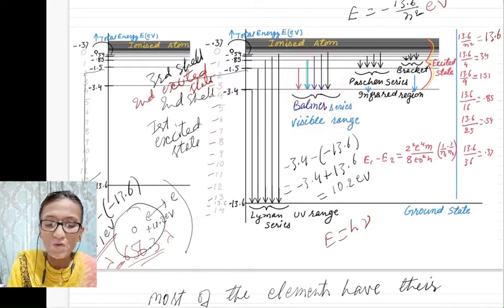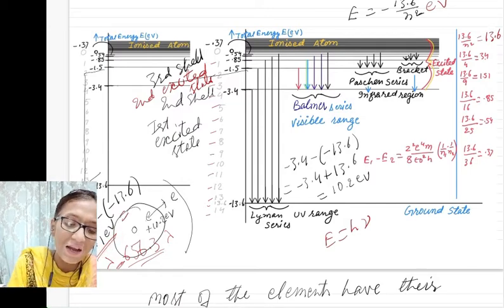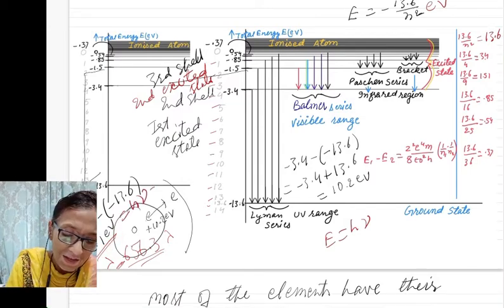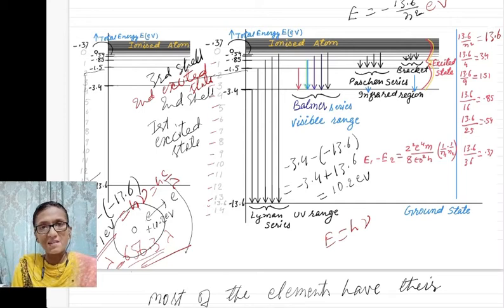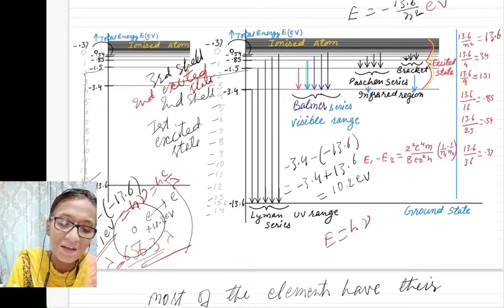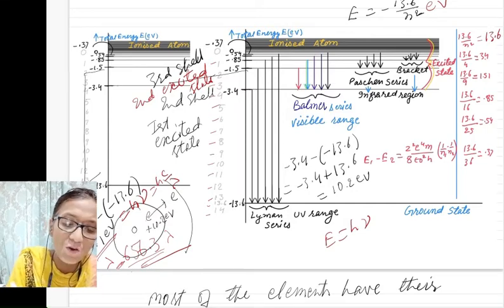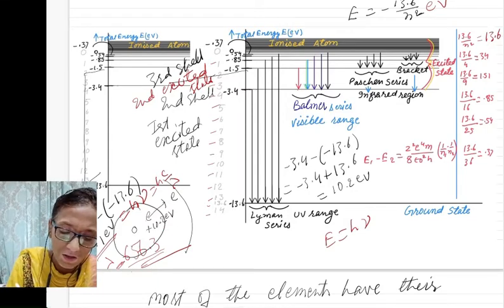This energy difference, which is equal to h nu, or hc by lambda, then lambda will come in the visible range, 656.3 nanometer.